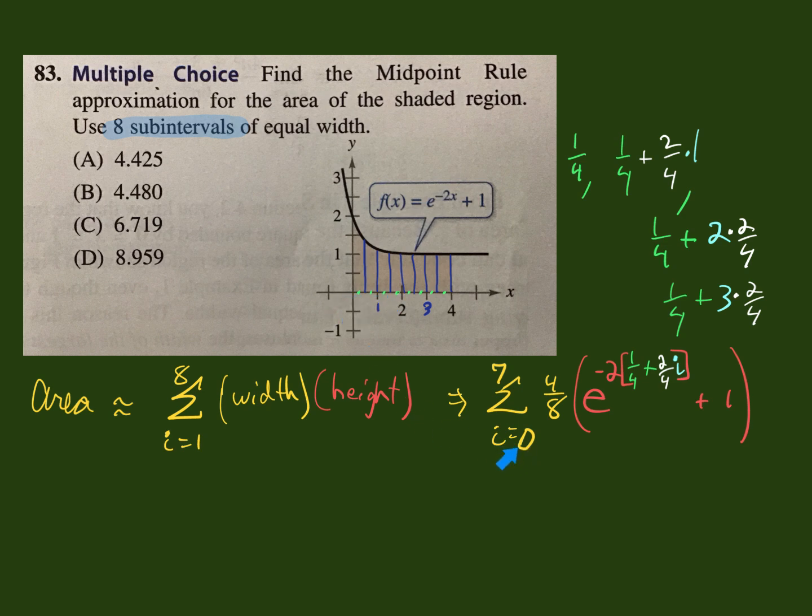And then when i is equal to 1, our input in the brackets will be 1/4 plus 2/4 times 1, which is 1/4 to the right plus 2/4 once. And when we get to 7, our input will be 1/4 plus the width of a rectangle 7 times, which is 1/4 plus 1, 2, 3, 4, 5, 6, 7 times. That will be our input. This is our expression, and now we'll enter that onto our calculator.